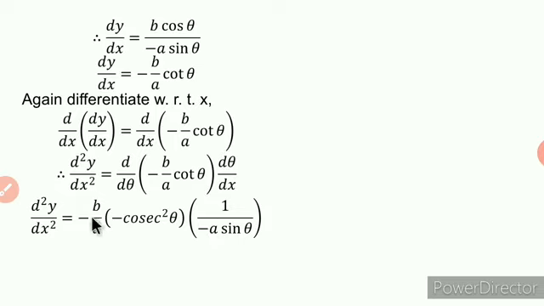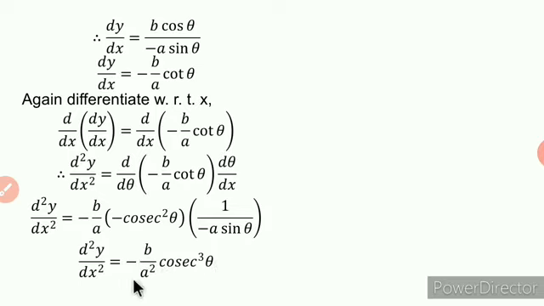Now this minus minus becomes plus, but because of this minus sign we get here minus. Again 1 upon a into 1 upon a is 1 upon a square, and 1 upon sin theta is cosec theta. So cosec square theta into cosec theta is cosec cube theta, and hence we get d square y by dx square is equal to minus b upon a square cosec cube theta.